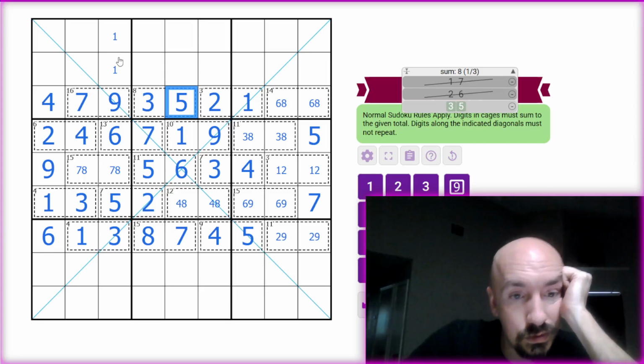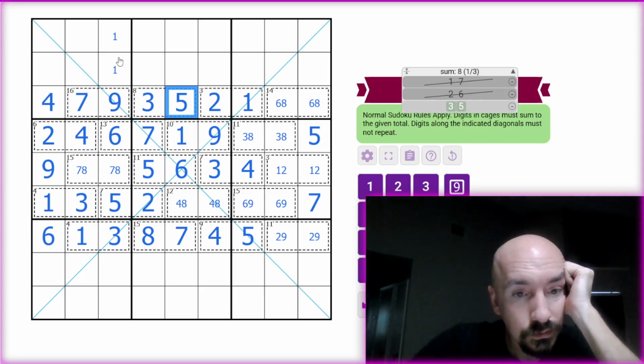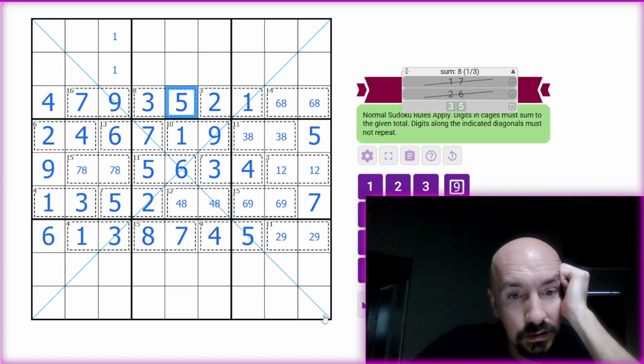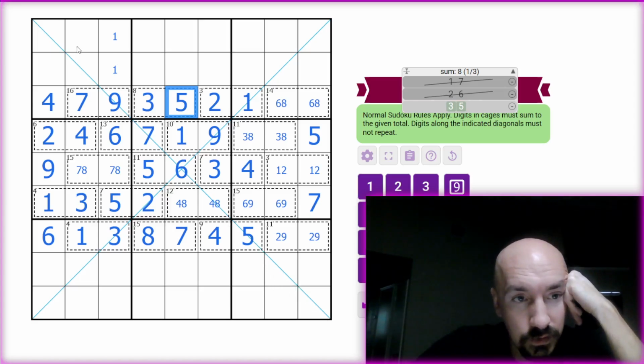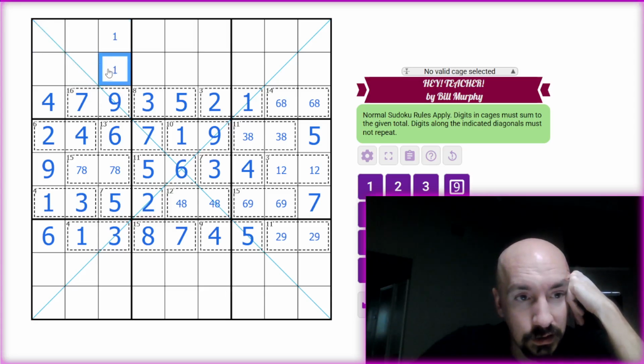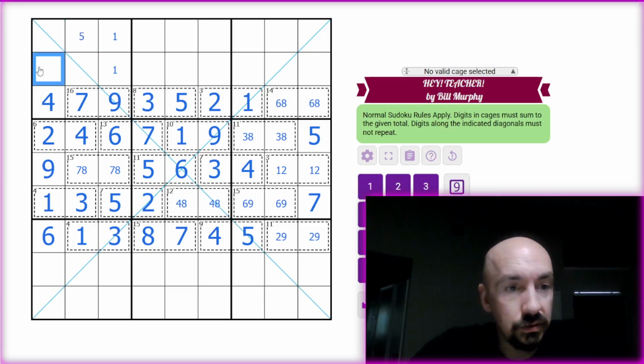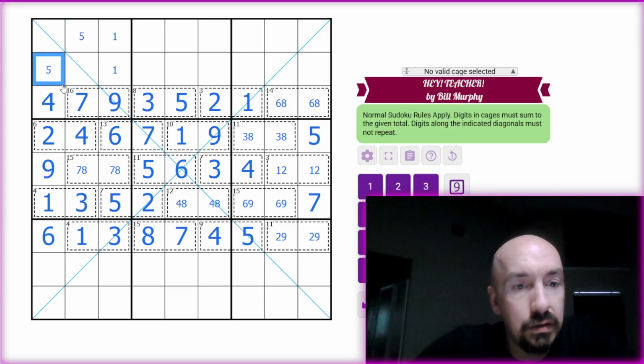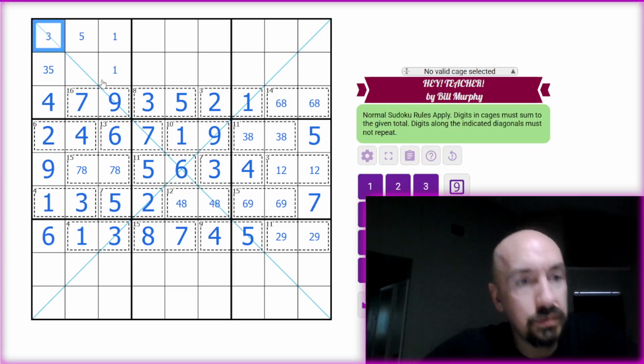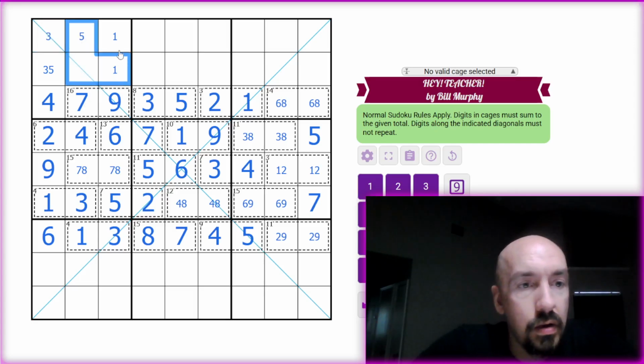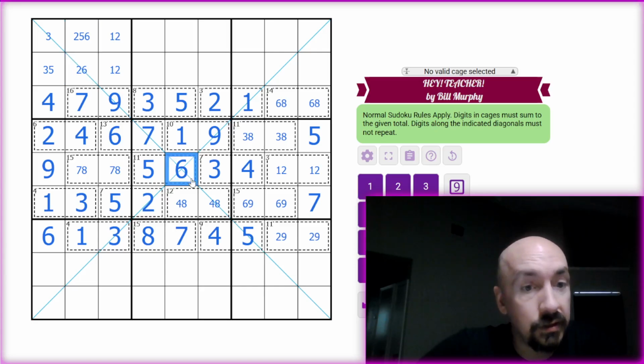Okay. So 5 in this box cannot go here. Cannot go here, so it's limited to these two. And the 3 is limited to those two. 2 is here, 6s are here, but they're not because of this 6.